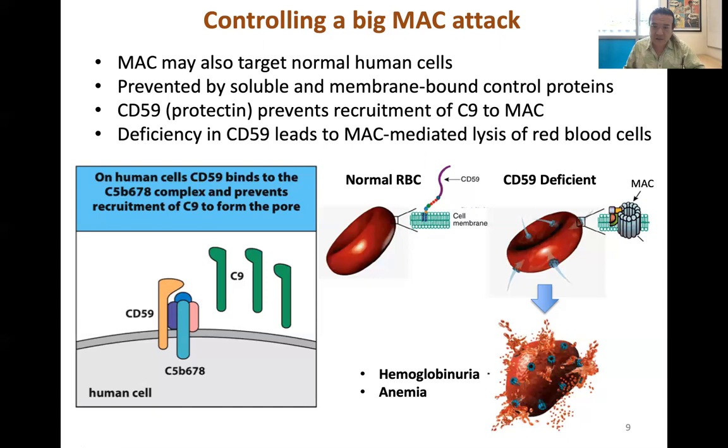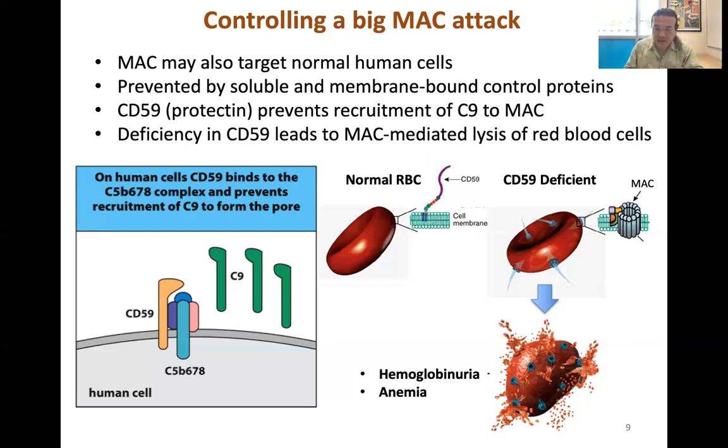This can lead to anemia, weakness, fatigue, and low oxygen levels in the blood. And when you say deficient, depending upon the severity of the deficiency and the nature of the mutation, it might just be that the CD59 doesn't work as well, or it might be that the CD59 is not present at all. That can lead to varying amounts of disease.